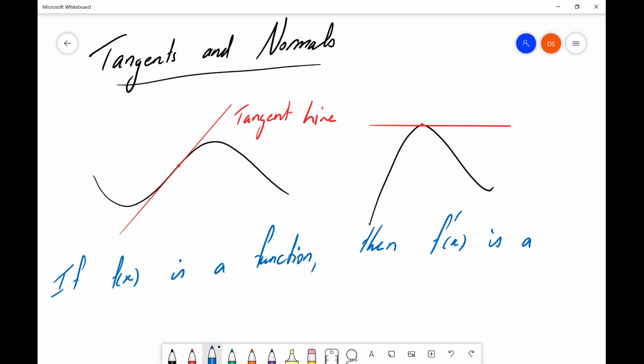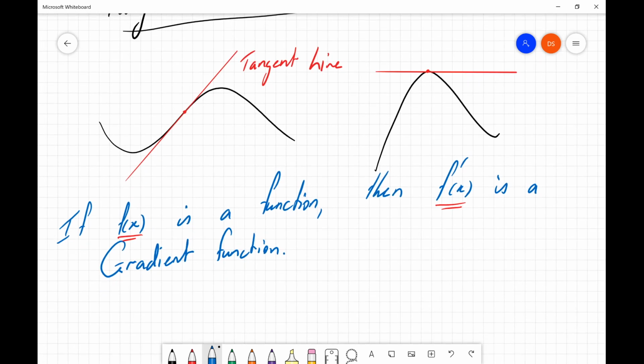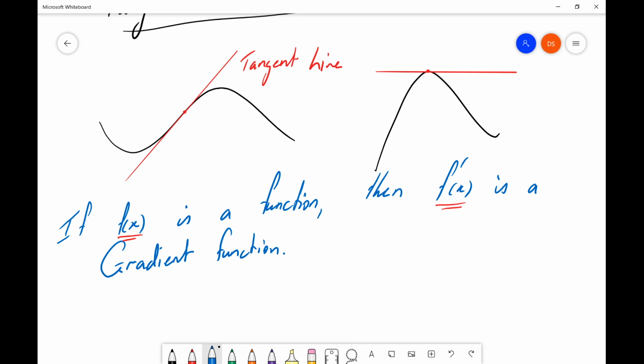I'm going to use a capital G here because I really like a capital G. Gradient function. So any x value I plug into f dash of x will tell me the gradient of that function at that point. And that's really cool.